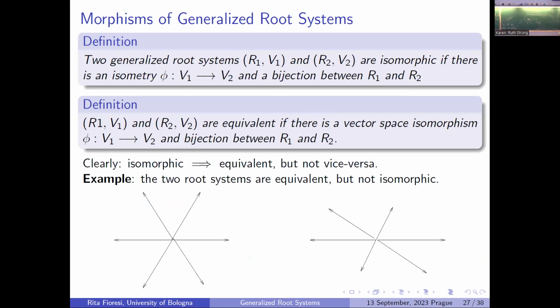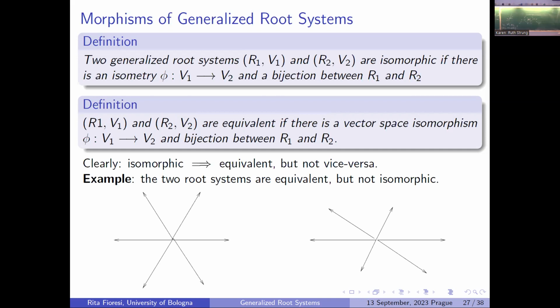Okay, so if I have a generalized root system, I can give two notions of isomorphism. So I can ask that there is an isometry between the two root systems, or I can simply ask there is a vector space isomorphism, right? So essentially, I can decide that my Euclidean product be preserved or not.